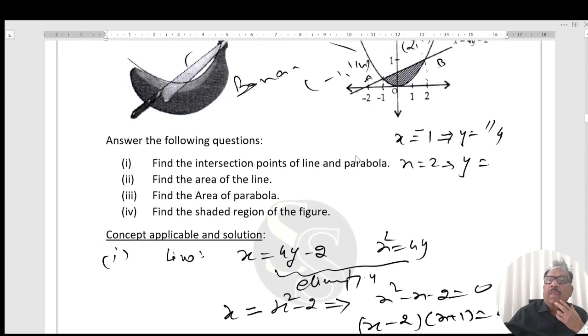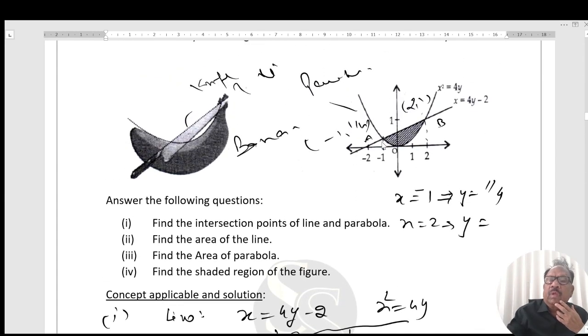Correct. This is the complete area, the shaded plus the area of the line, the area of the parabola. Area of parabola, that is only this one.